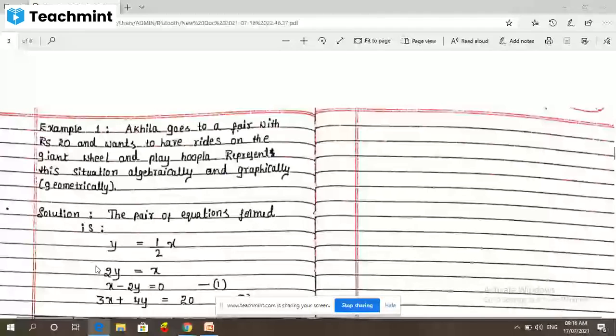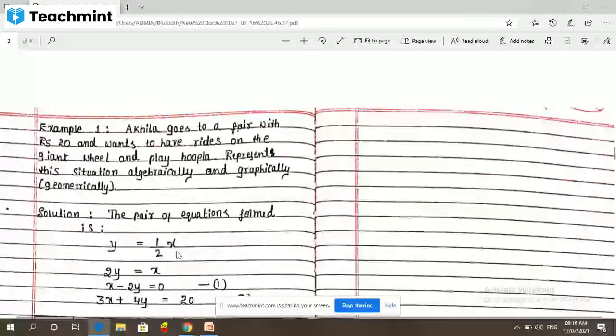The pair of equations formed is y is equal to half of x. That day we took the number of times she played hoopla as y, and the number of rides she had on the giant wheel as x.